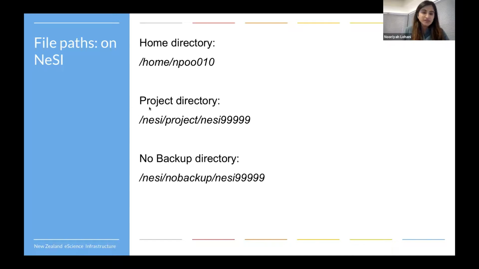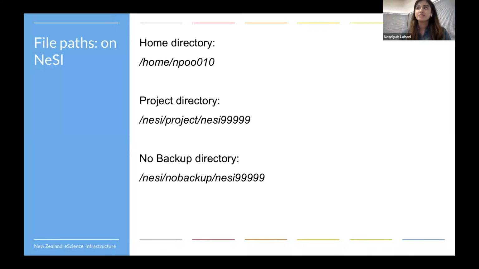Your project directory is one that's going to be continuously backed up, and that's data that you won't lose in the short term. While your allocation and project is active, this data is going to be backed up, and you'd have previous versions of this data available to you upon request.